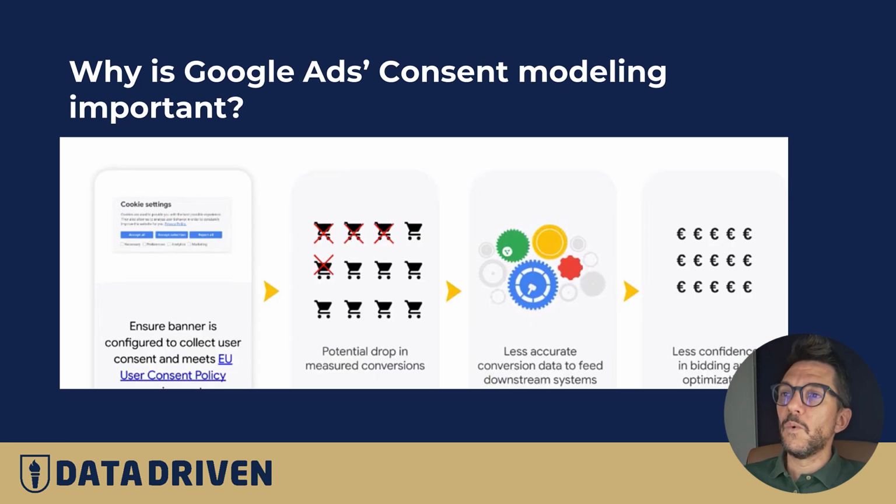So why is Google Ads consent modeling important? Basically, for all those visitors that perform some kind of desired behavior on your website, you want to be able to trace that back to the source that brought that visit in order to evaluate your campaigns or your marketing efforts in general.